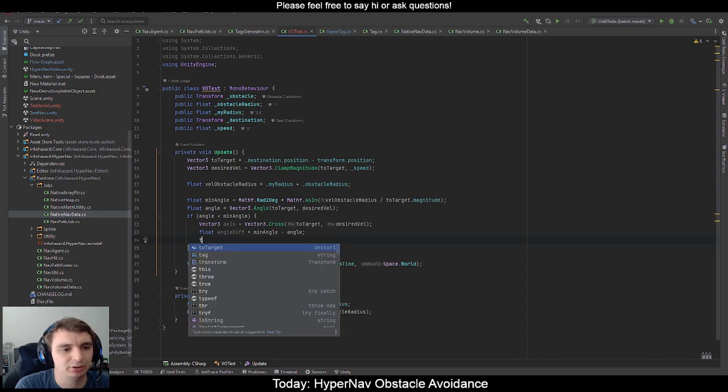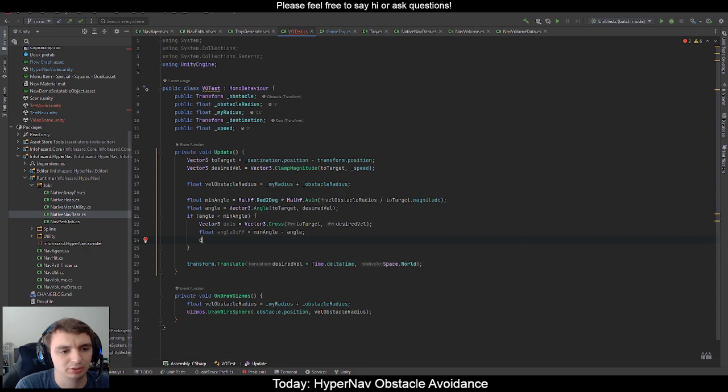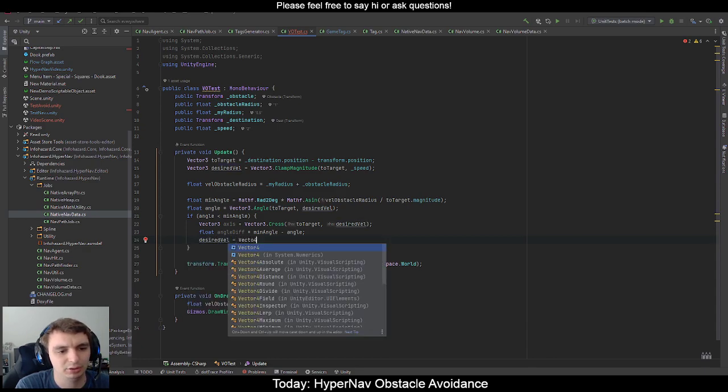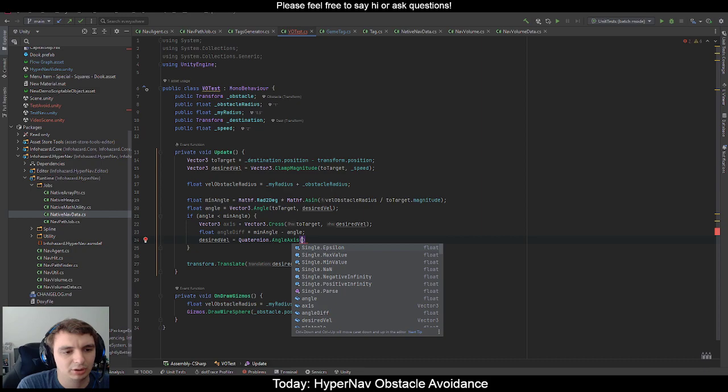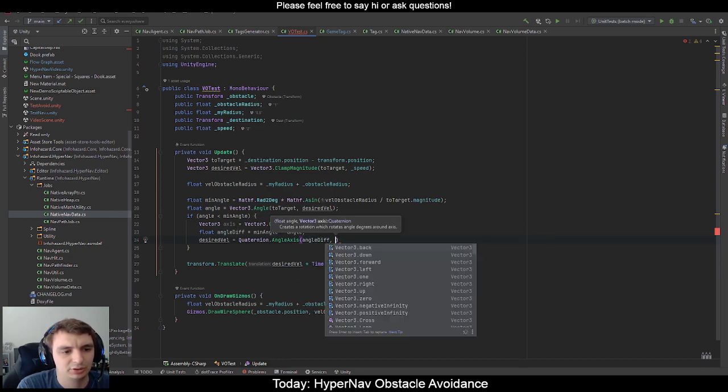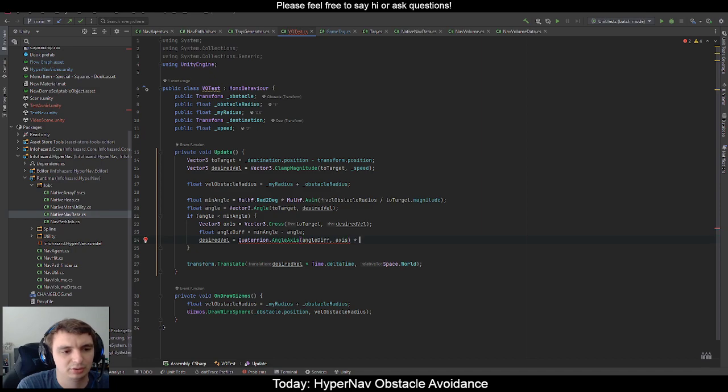Then we will say desiredVel equals Vector3.Rotate, not RotateTowards, just Rotate. What? Is there not a Vector3.Rotate? Okay, we're going to have to do Quaternion.AngleAxis. Then the angle is angleDiff, axis is axis, times desiredVel. And that should do it.